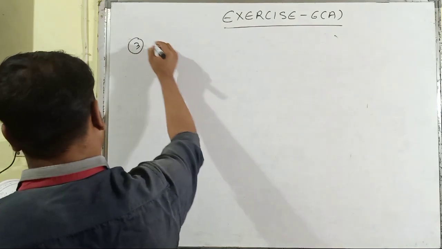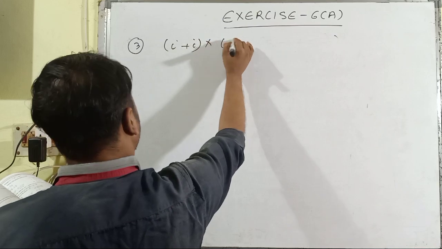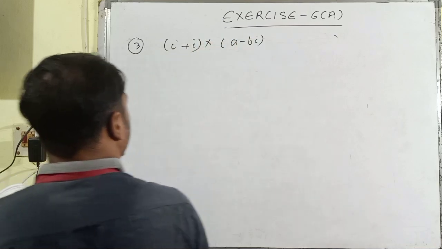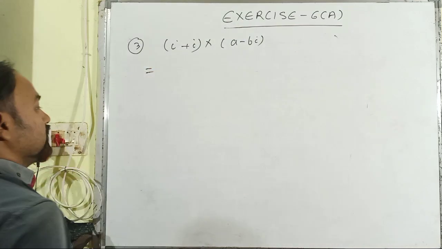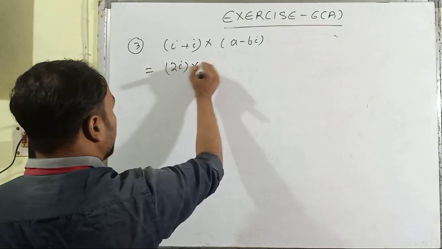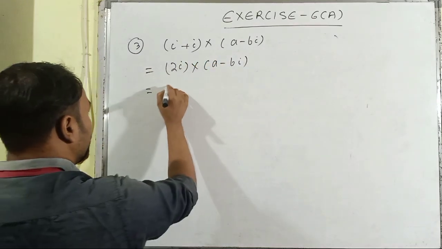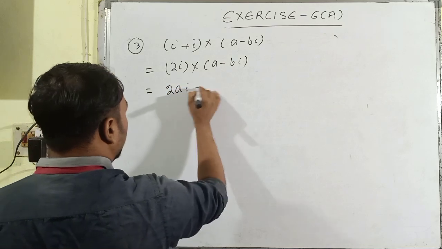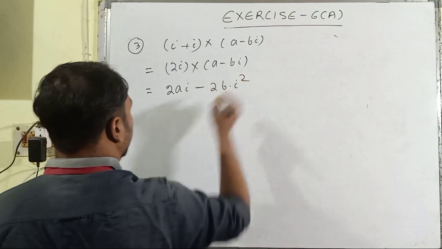Again, it is a multiplication, and we have to multiply i plus i with a minus bi. Just simplifying the first expression, we can have 2i multiplied with a minus bi. Then it is 2ai minus 2b i square.